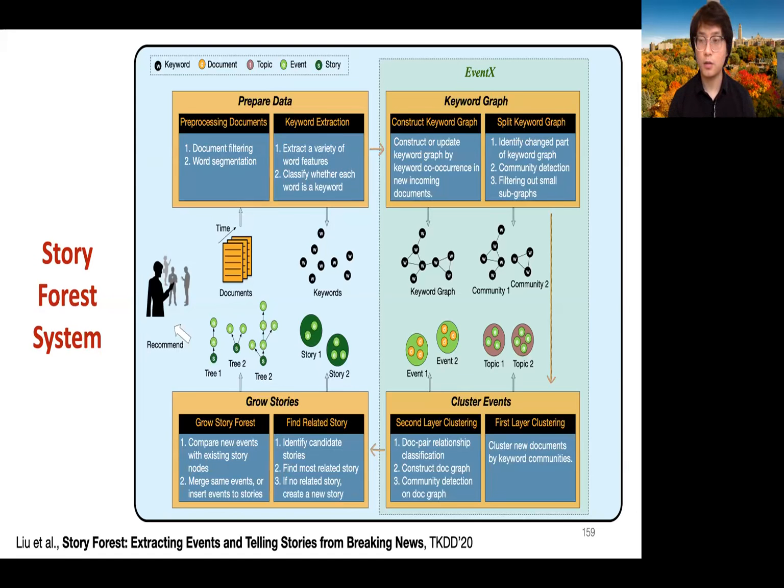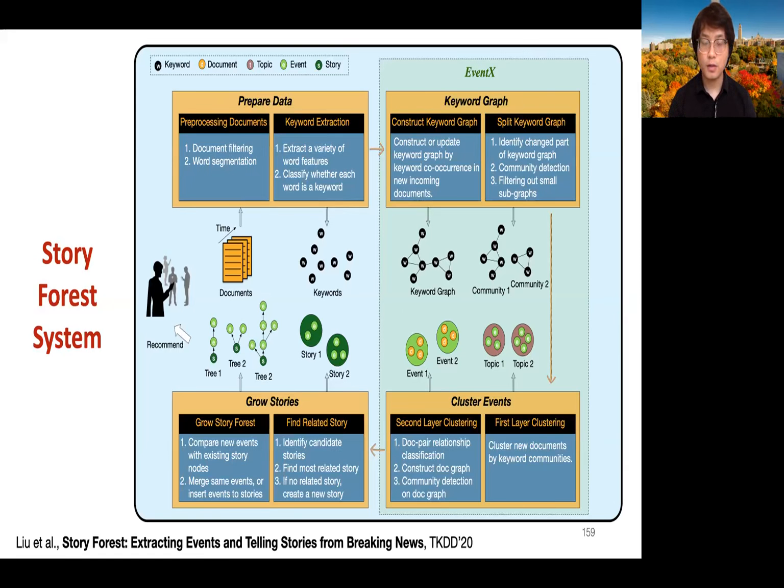Basically it's a 2-layer graph-based clustering. We first construct a keyword graph from the keywords of all the documents. We perform community detection over this keyword graph to divide it into subgraphs. Then we assign documents to their most similar keyword subgraph to perform the first layer clustering.